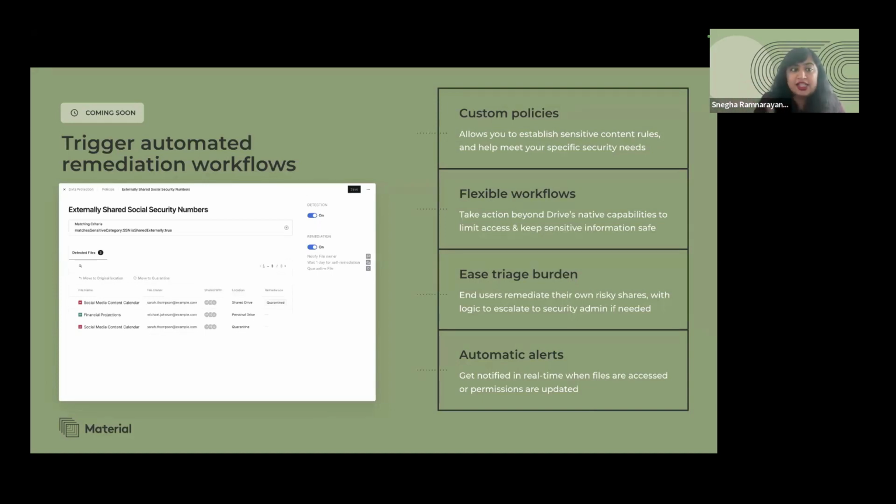Last but not least, I know I've used the word automation a few times, and the reason that's really important is because there are certain pieces of information that we all know and feel comfortable saying are rules that you want to stay aware of. An example could be that you know what external access means in your company, and let's say there's been a file that has had external access for a while, but it's been untouched, or there's certain behaviors that we've seen on it.